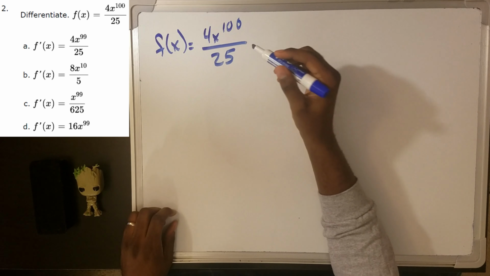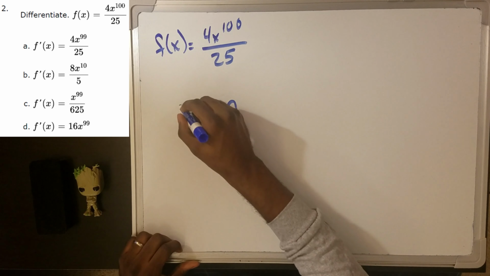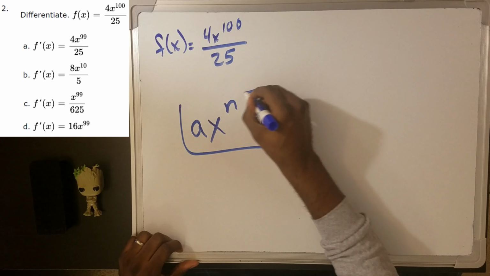Now, in order to use the power rule, we have to make sure it hits the qualifications. The only qualification is having a function that looks somewhat like this. If you want to add a constant up front, a coefficient, then we can have a function like this. If our function has this characteristic, then we have a candidate for the power rule.